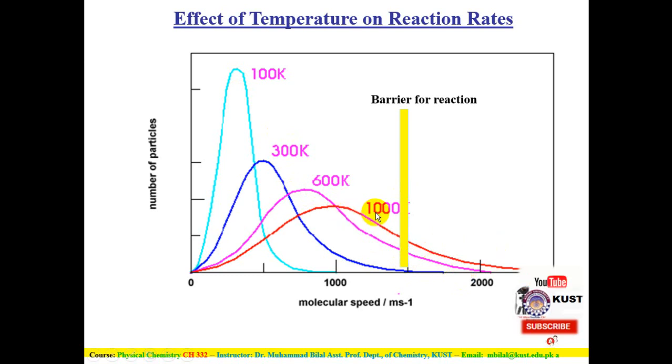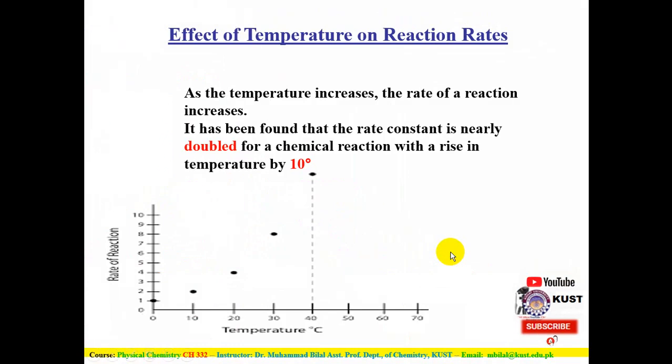If we increase the temperature to 1000, this fraction will increase further, so a large fraction of molecules will have greater energy and the rate of the reaction will increase. It was experimentally found that the rate constant nearly doubles with a rise in temperature of 10 degrees. So if we plot temperature versus the rate of the reaction, it increases exponentially.